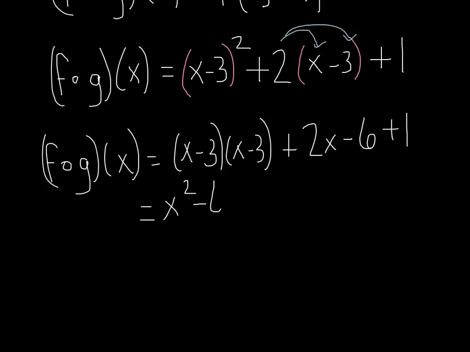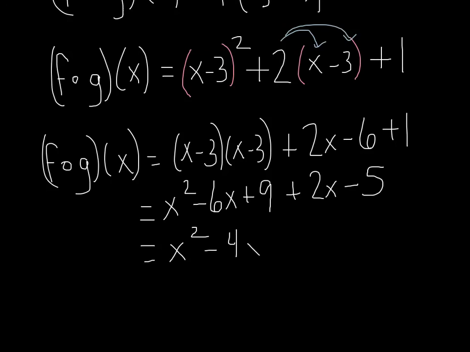x squared, outer and inner together would make -6x, plus 9 plus 2x, and then we'll go ahead and add the -6 and the 1. Now we'll combine like terms. There's not another x squared, so that's done. Then I'm going to combine the -6x and the +2x, giving me a -4x.